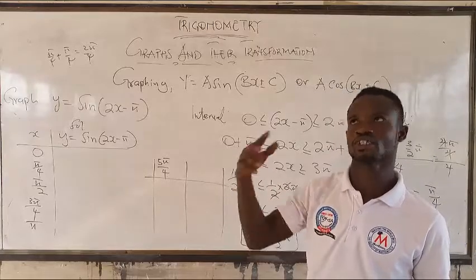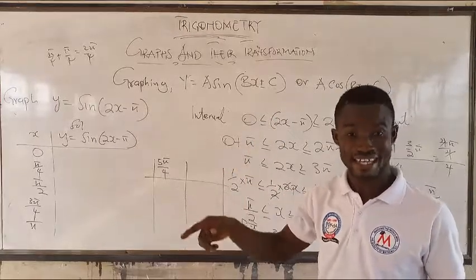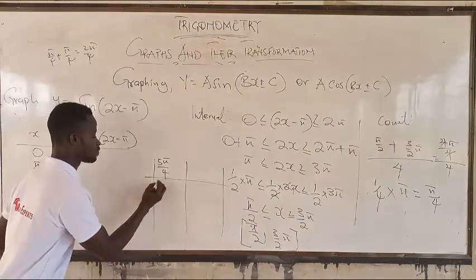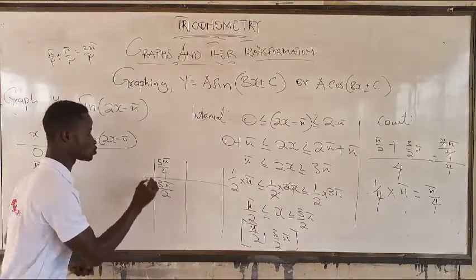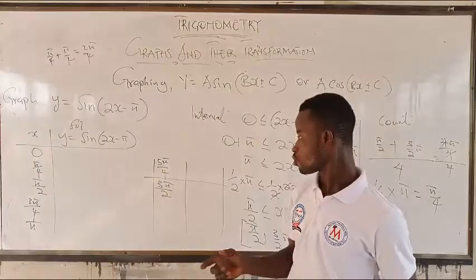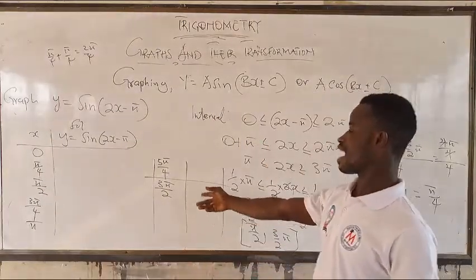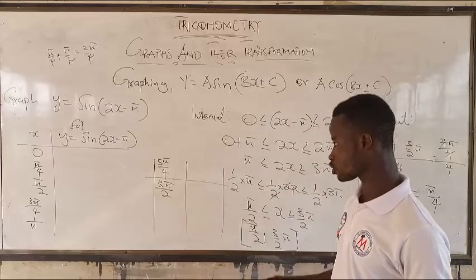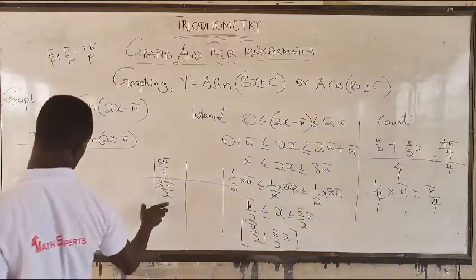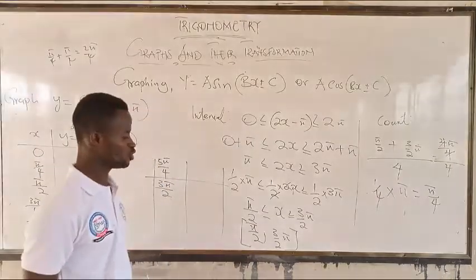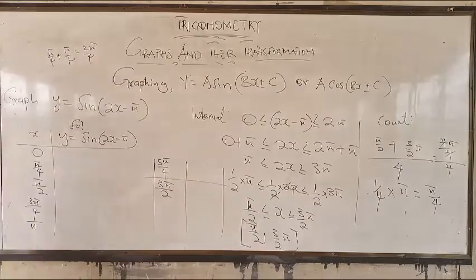And that is going to give you 3 pi over 2. You can test when you calculate that. Now, wow, you can see that we are there. After adding pi over 4 to this, we are having 3 pi over 2. So that is where we are going to end, not at pi. Very good.